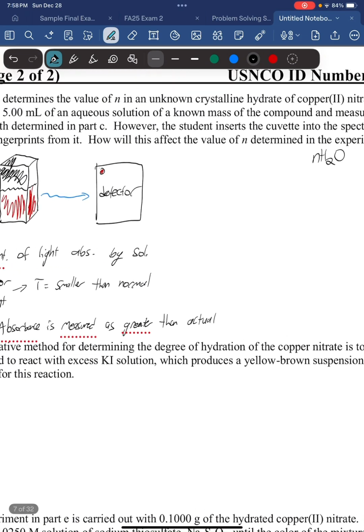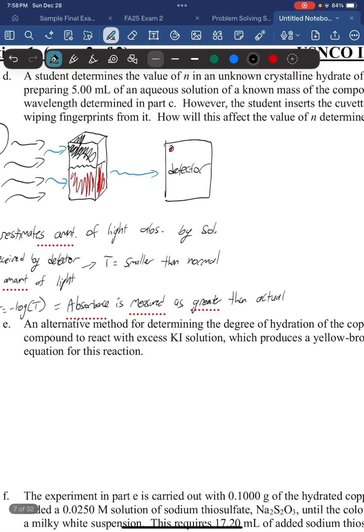So now we can apply this to our other formula. Let's say A with subscript L for large equals epsilon, L, C. Epsilon is the molar absorptivity constant, and L is our path length.